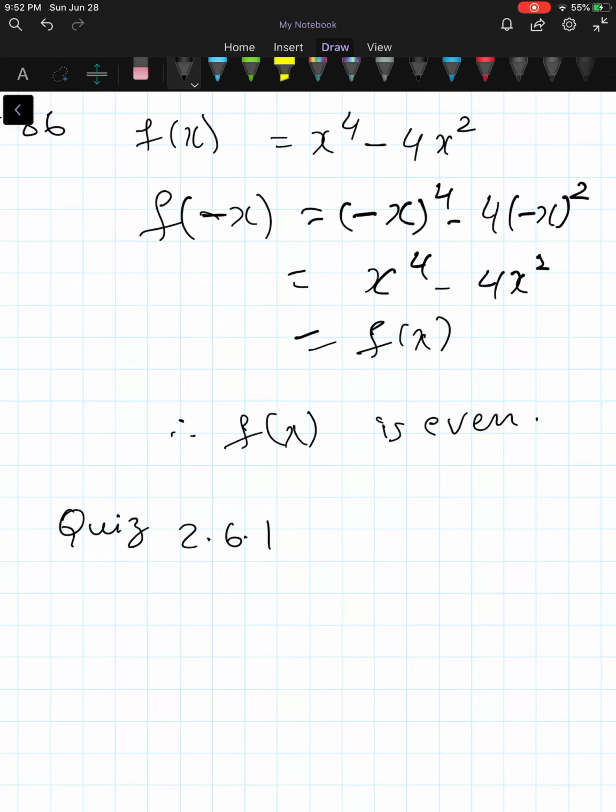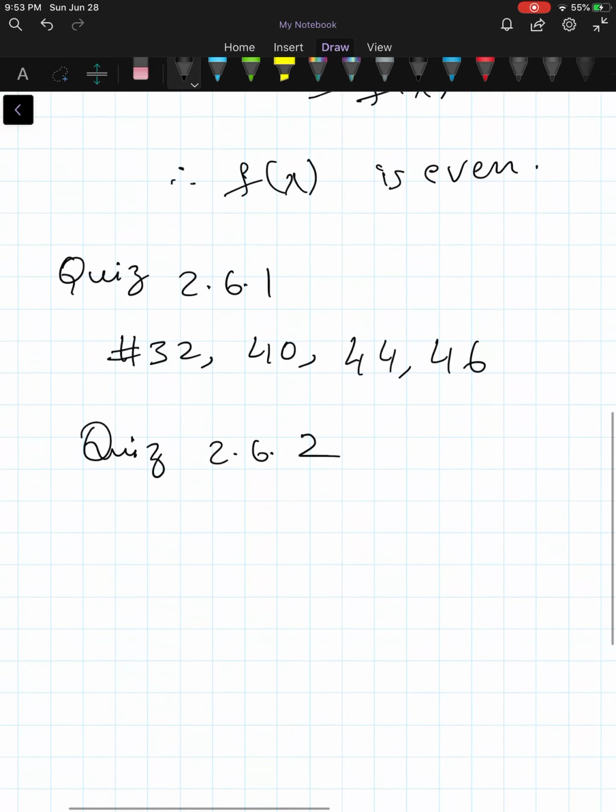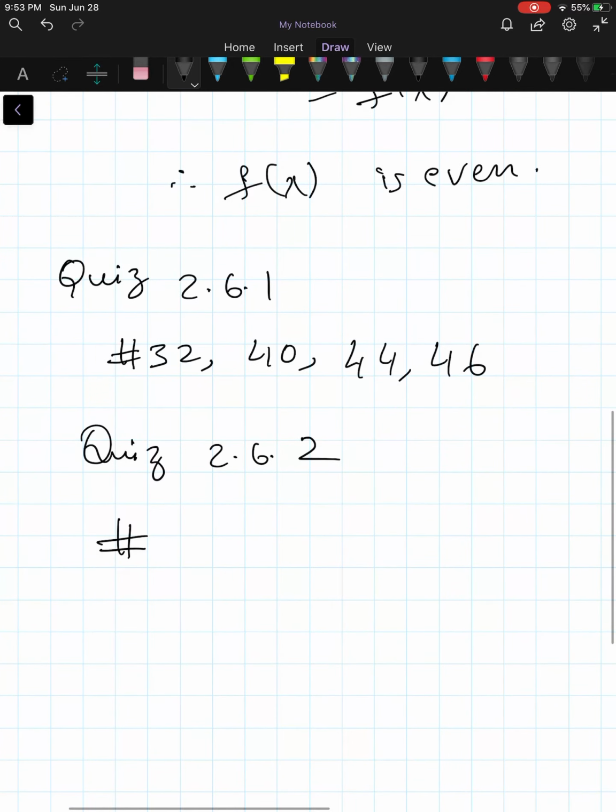Okay, so quiz 2.6.1 would be number 32, 40, 44 and 46. Quiz 2.6.2 would be number 48.